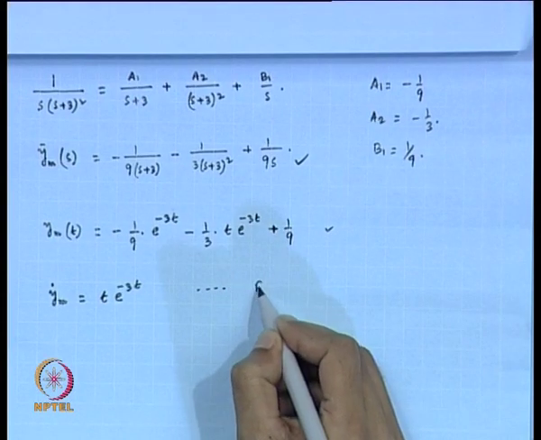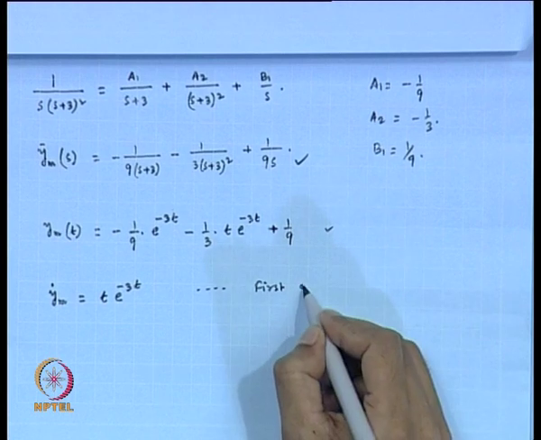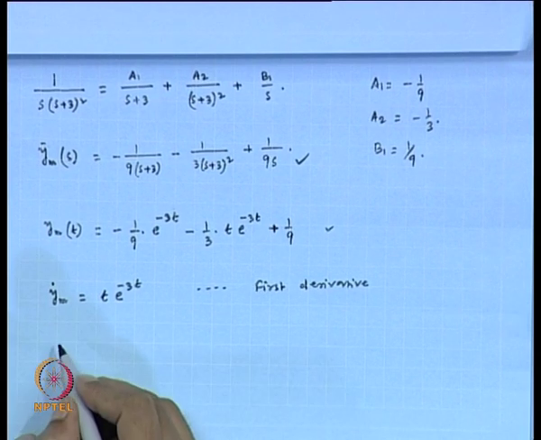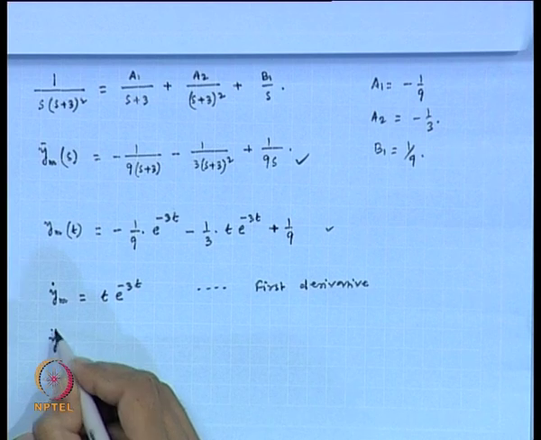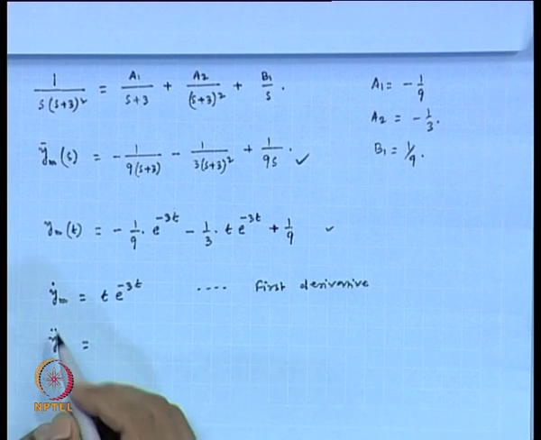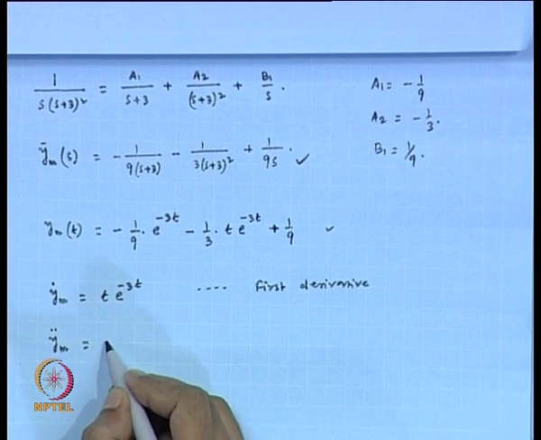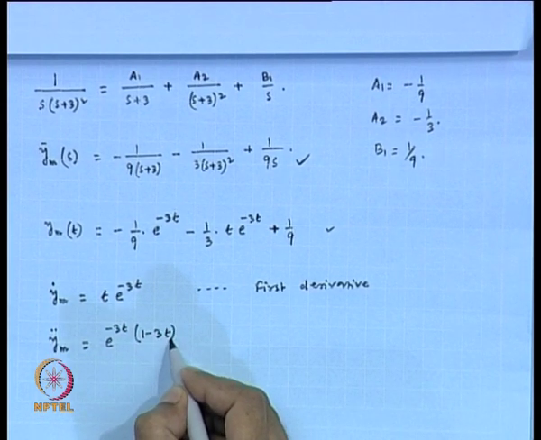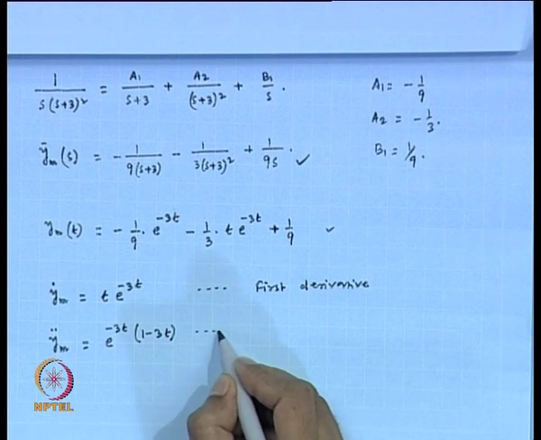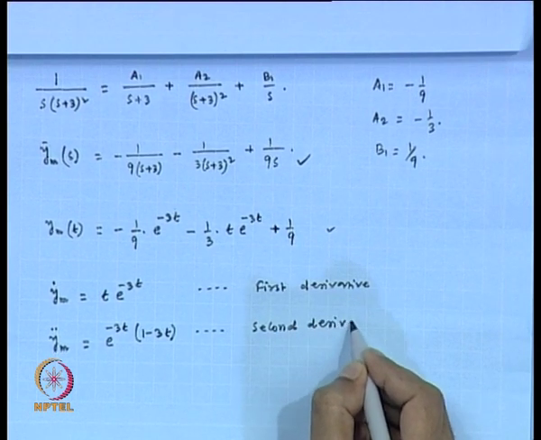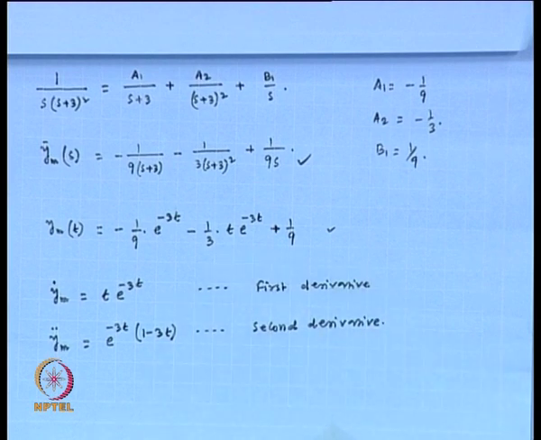This is the first derivative. Now, the second derivative we obtain as ym double dot equals exponential of minus 3t times (1 minus 3t). This is the second derivative.